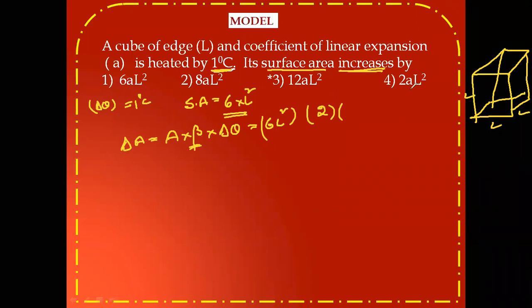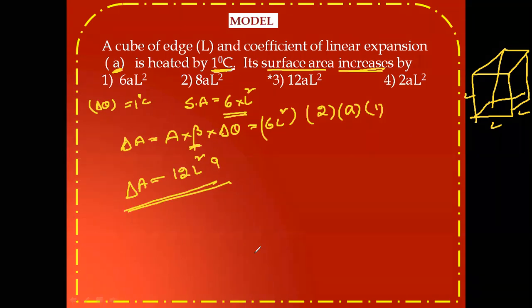Generally we use alpha, but here they are using A, so whatever they use, that only we have to put. So 6 L square into 2A into delta theta, and delta theta is 1. So delta A is equal to 12 L square A. This is one of the important ones. Next, move on to the next problem.